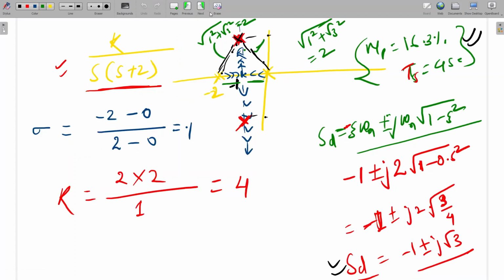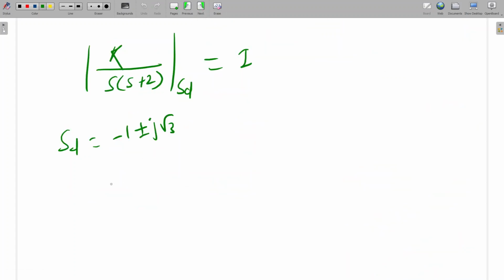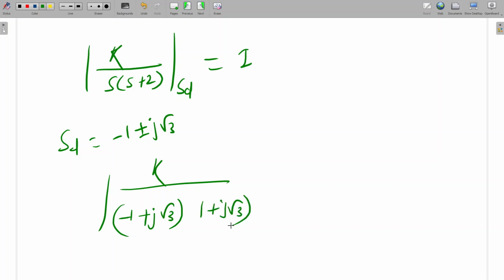I will consider plus j root 3. So K divided by minus 1 plus j root 3, and this will be 1 plus j root 3, equal to 1. This is the magnitude criterion I am applying.